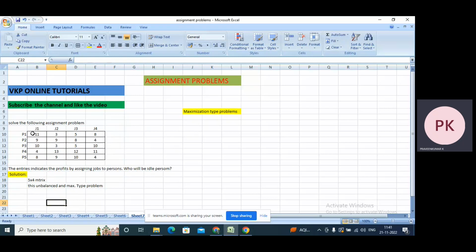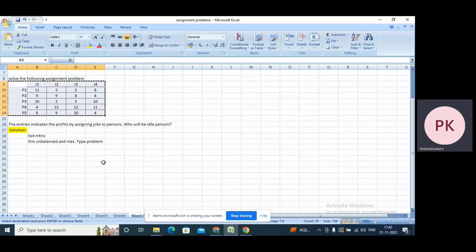So how to convert? I'll take this problem. To convert unbalanced into balanced, we need to introduce either a dummy row or a dummy column. Since we have 5 rows and 4 columns, I'll introduce one dummy column to make it balanced.